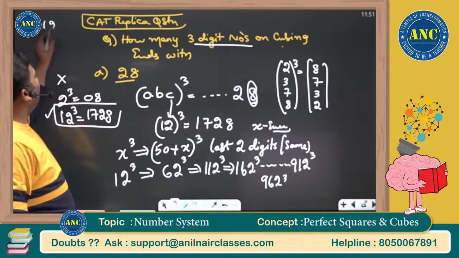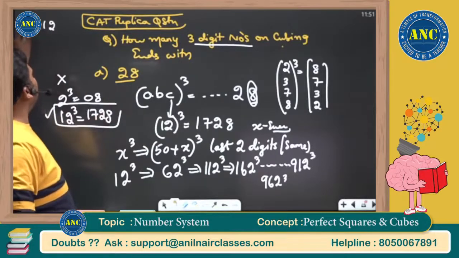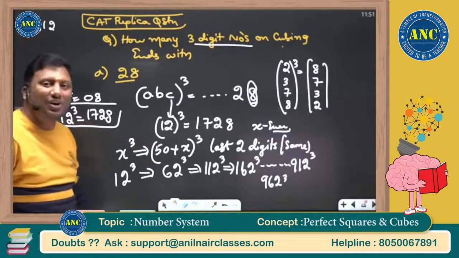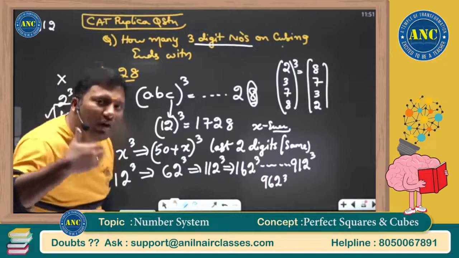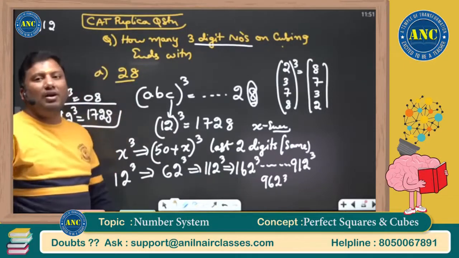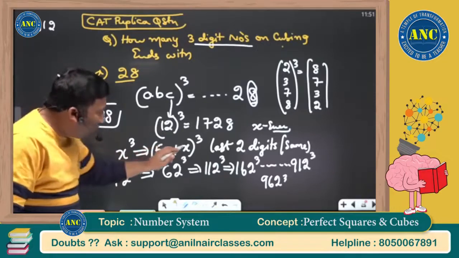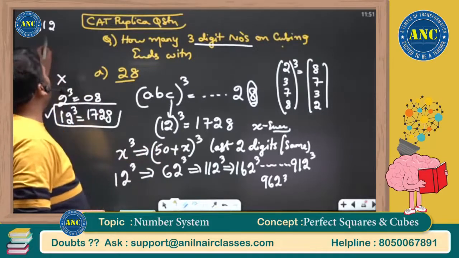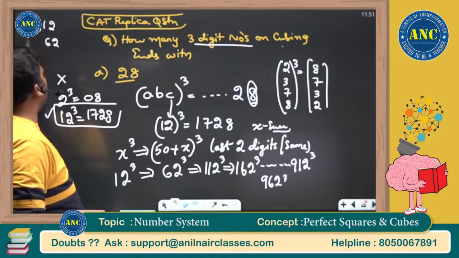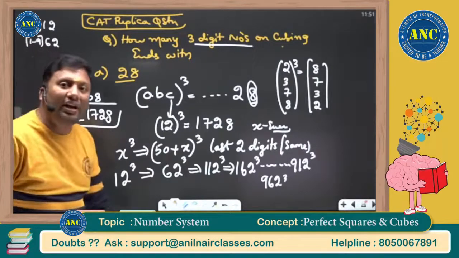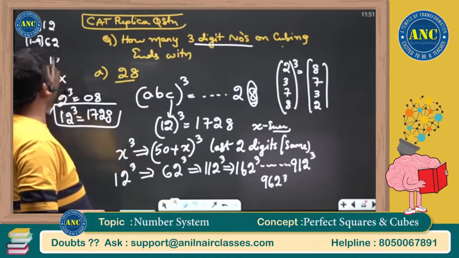We got 12, but we require a 3-digit number. So the hundreds place can range from 1 to 9. It can be 112, 212, 312, 412, 512, 612 and so on up to 912. If it is 12, then 50 plus 12 is 62 cube. The next number is 62. Hundreds place can take any value from 1 to 9, so 9 plus 9.